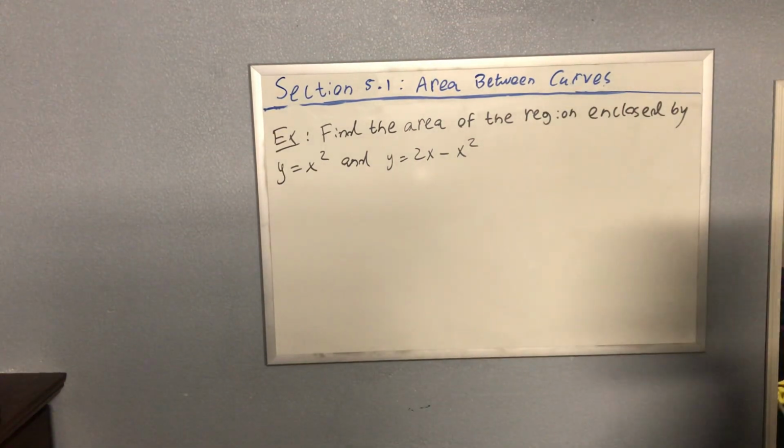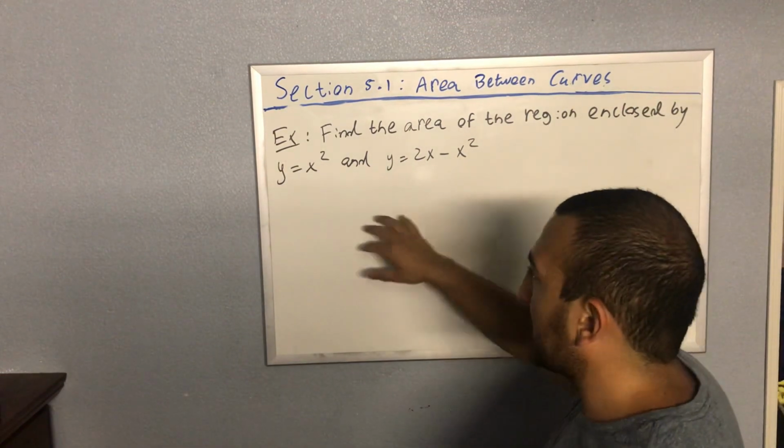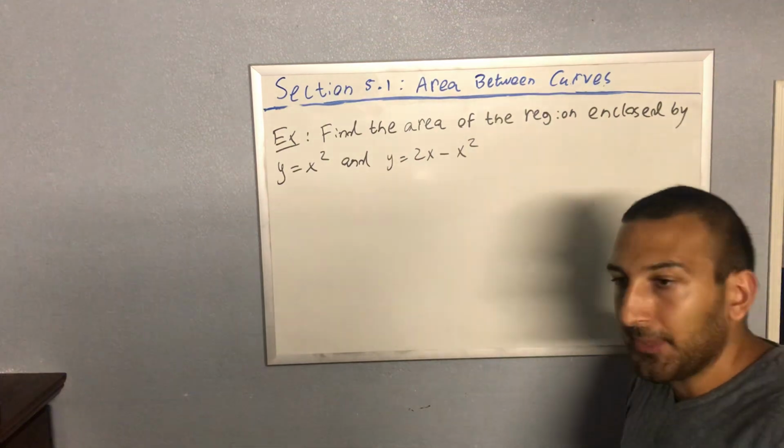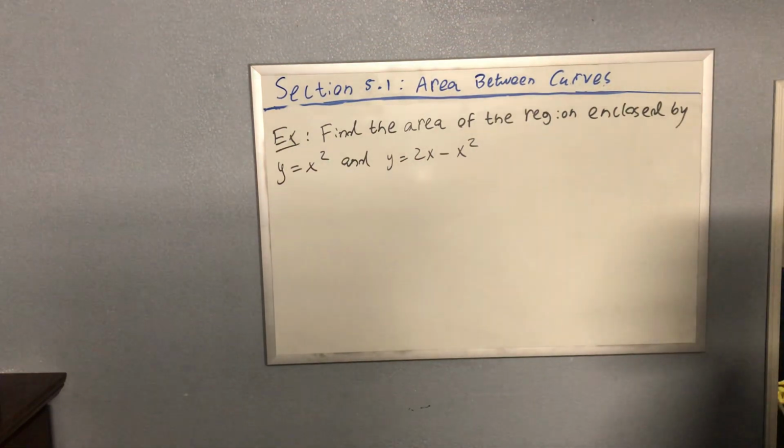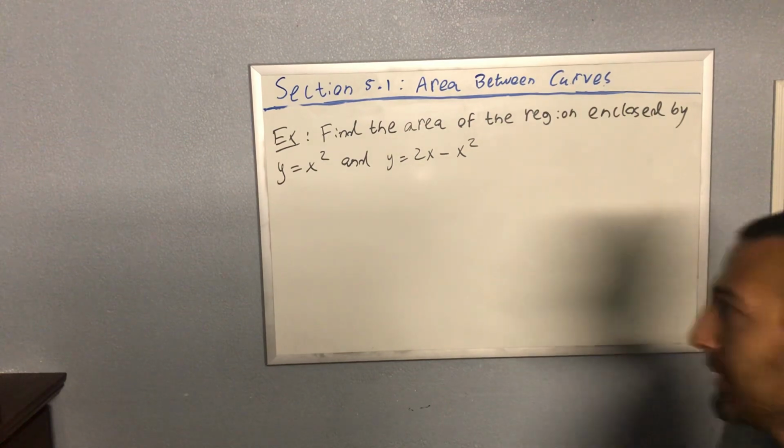Okay, so notice here they don't give us like x equals 0 and x equals 1. So we need to kind of draw this out and see what this enclosed region is.